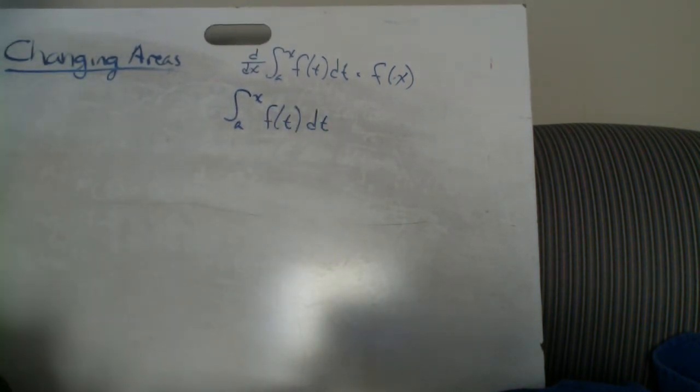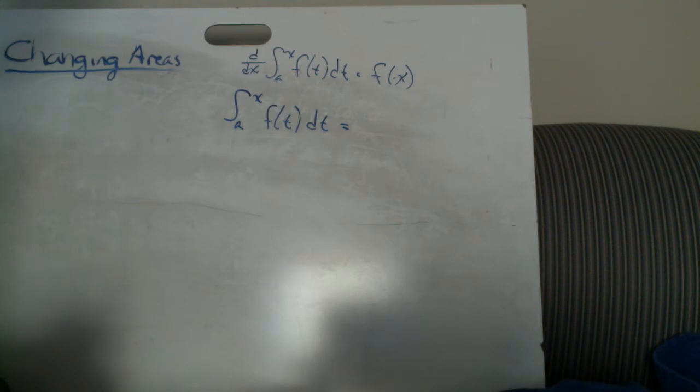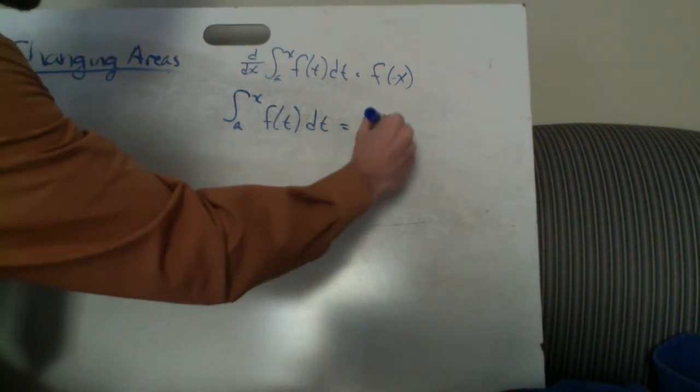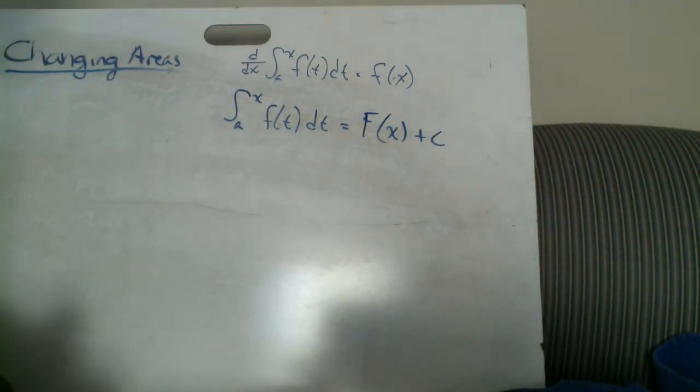The integral from 0 to x of f of t dt has to be the antiderivative of f, plus some constant. That would give me all possible values here, right? This has to be f of x plus c. I don't know what the c is, but that's okay.